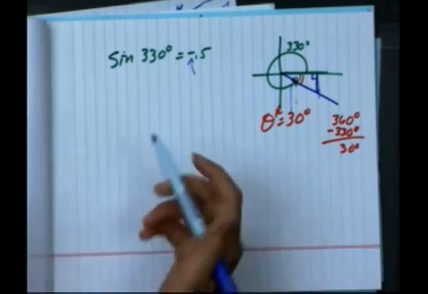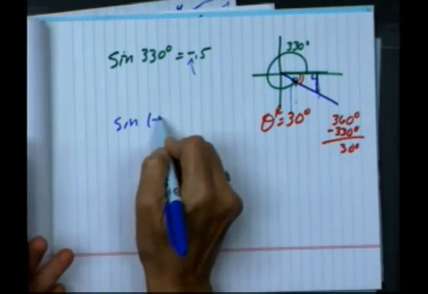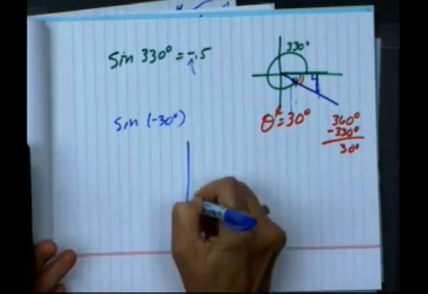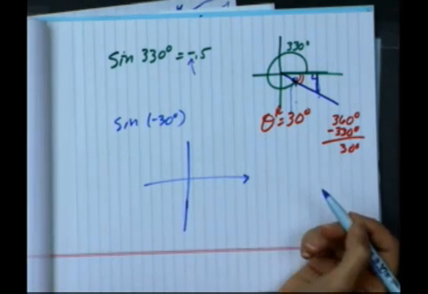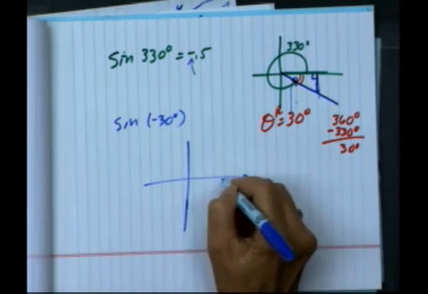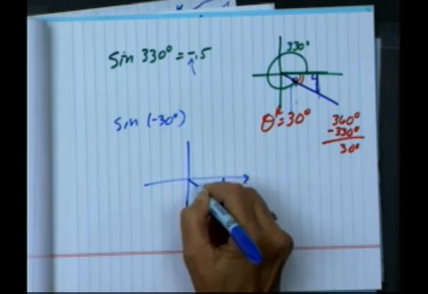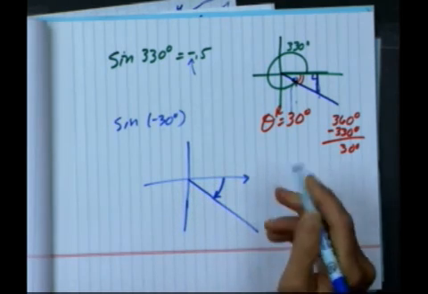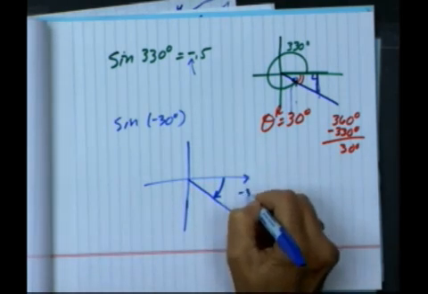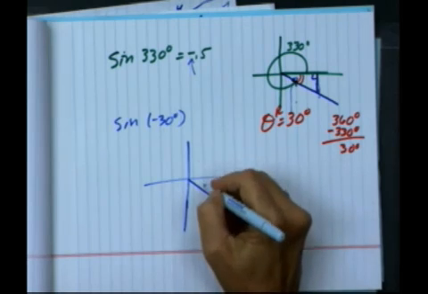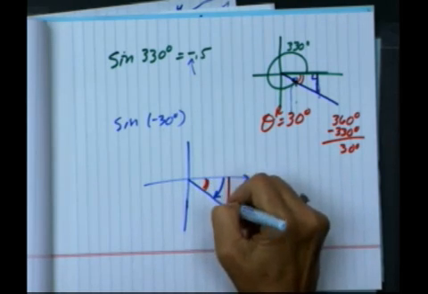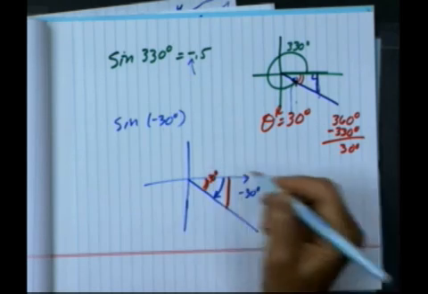All right, I then ask you to look at sine negative 30 degrees. Angle in standard position, where's the terminal side? Yeah, a negative 30 degrees is this direction, right? Negative direction, negative 30 degrees. Okay, a reference angle is always between 0 and 90, positive. So even though this is a negative 30 degrees, my little reference angle is still 30 degrees.